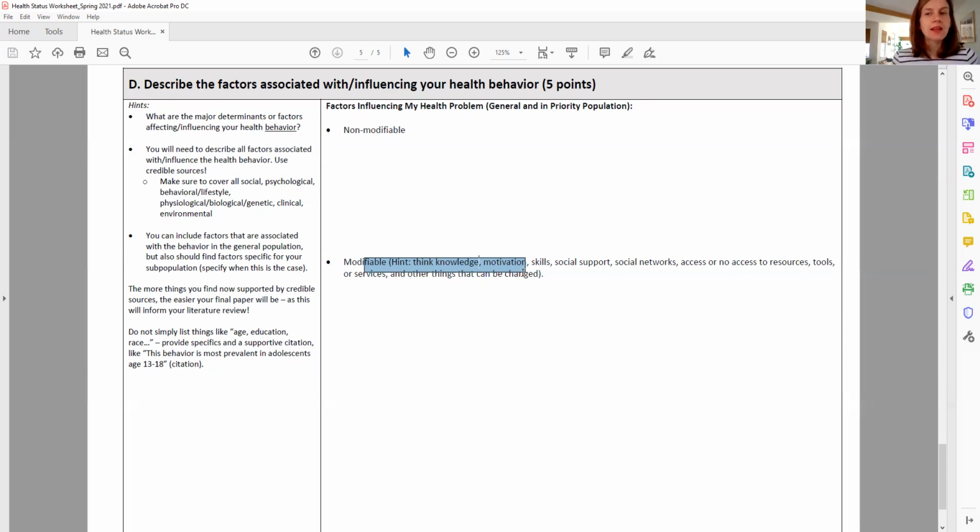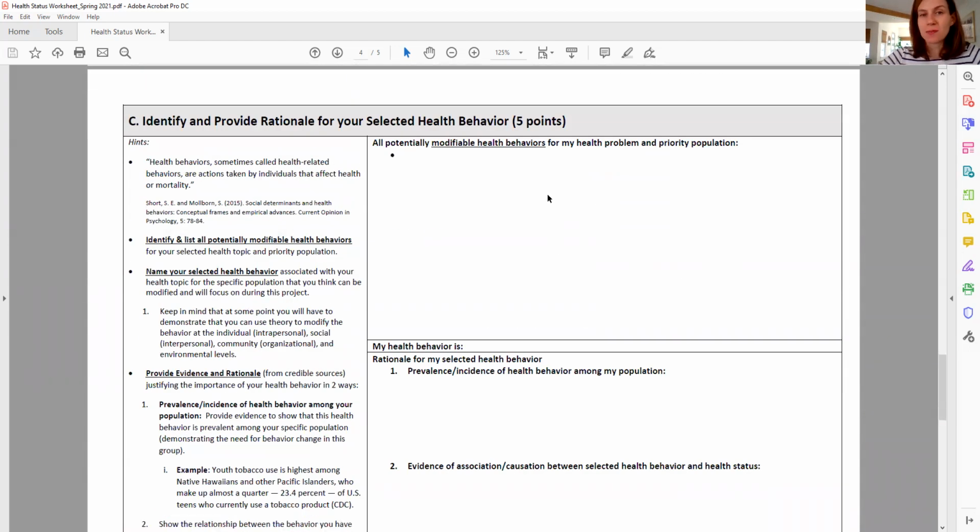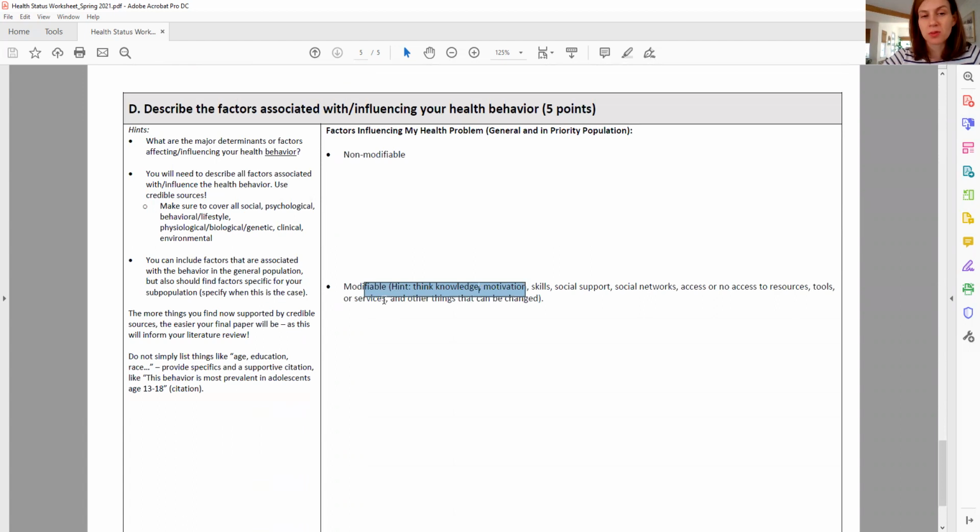In general, a question you might have is how complete does this all need to be? I've gotten these back with just single things in each section, and that's not really acceptable, and you won't get full credit if that's what you're giving me, unless it's really the only thing, but I'll know if you are missing a lot of things.